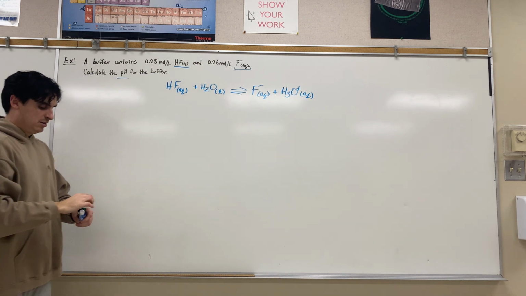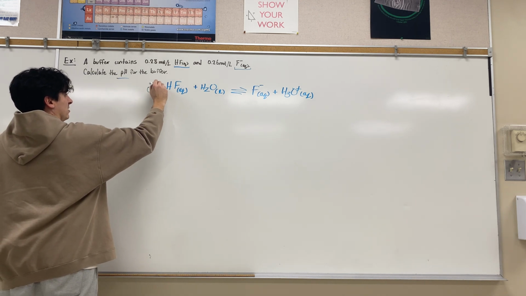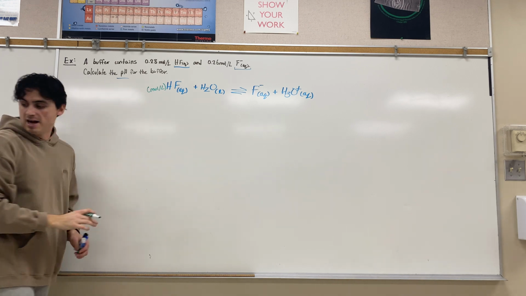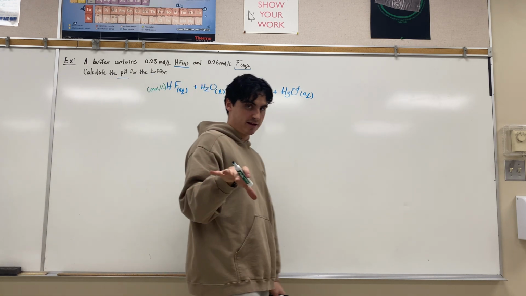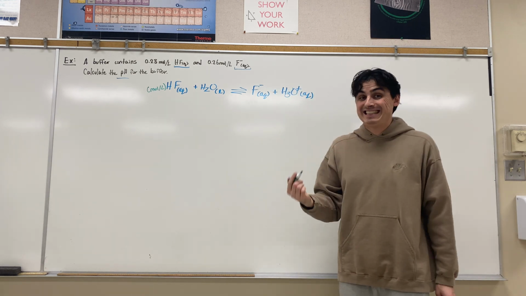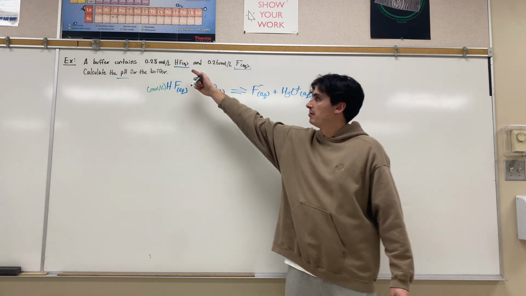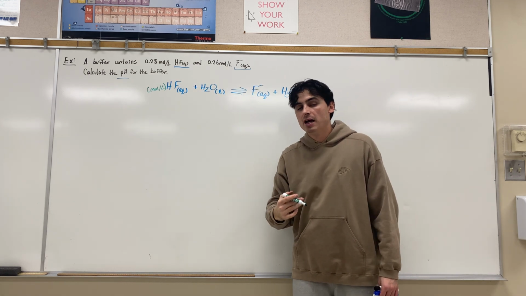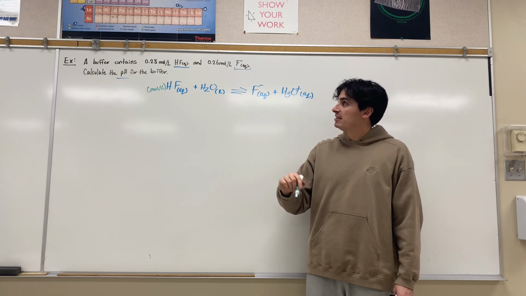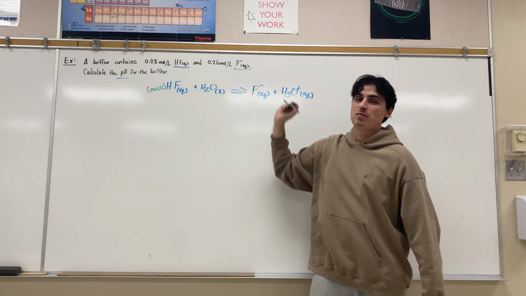Now, let's just talk about this, okay? If I have an ICE table, I have I, C, and E, right? But here's the thing. In this question, did it say that I have an initial concentration of HF or an initial concentration of F minus? No. All it said was that you have a buffer containing HF and F minus.